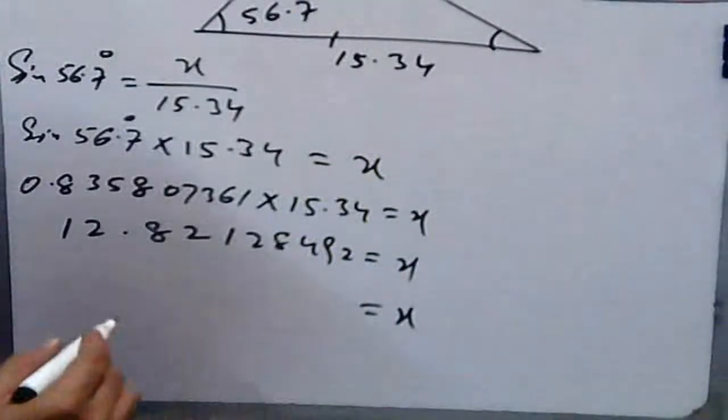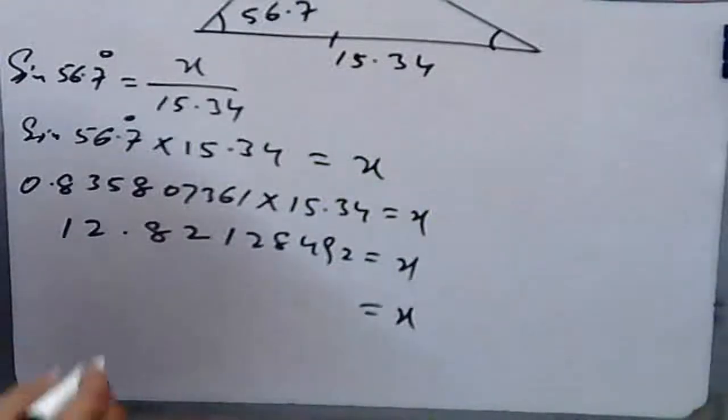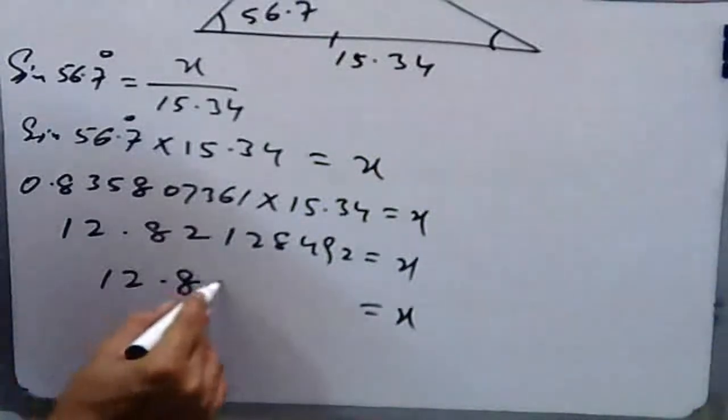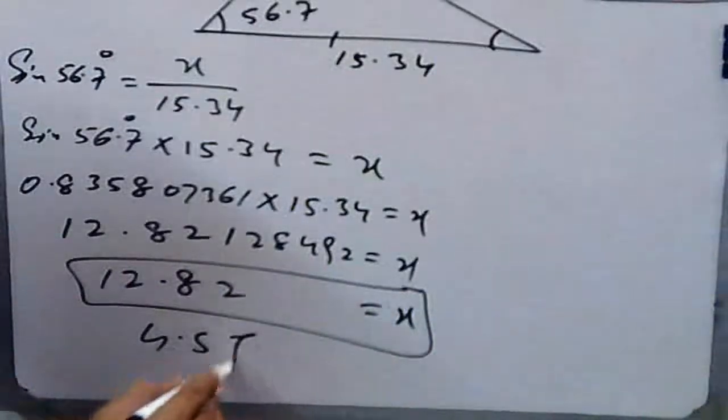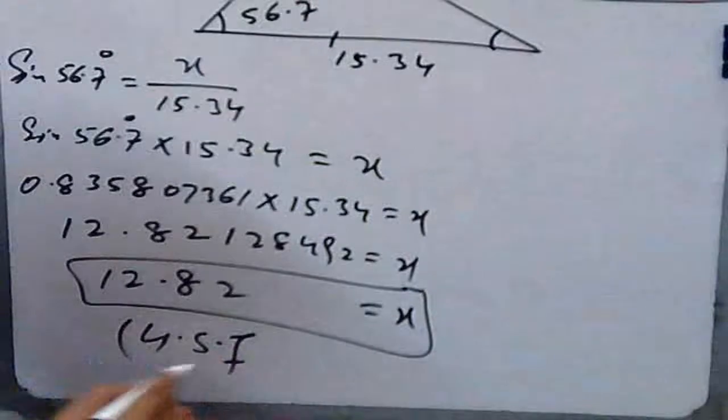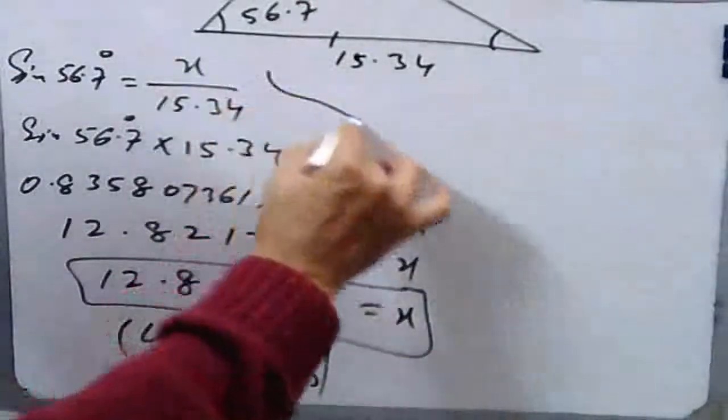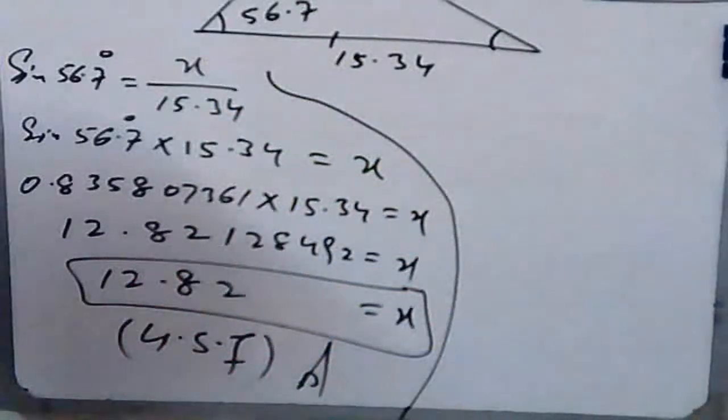So the value is 12.82, because it is less than 50%, up to 4SF. So that is your required result in case of x, but we need the value of y also.